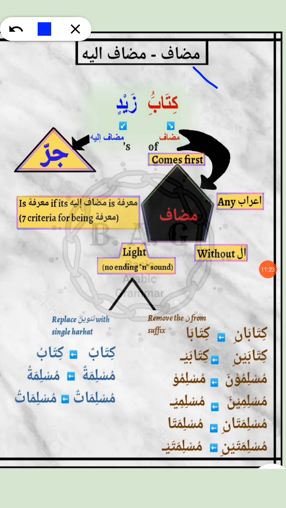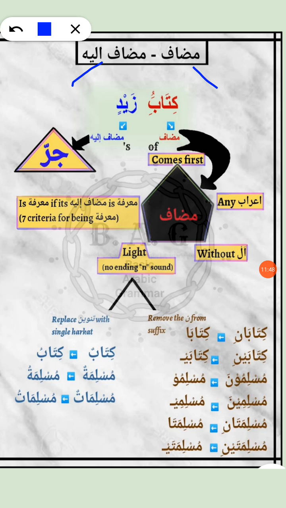And musaf ilayh is the possessor, or you could say it is the ism that comes after of, or the ism that has the apostrophe s on it. For example, Allah's book. Over here the word Allah has apostrophe s on it, so therefore we can call it musaf ilayh. It's the possessor.